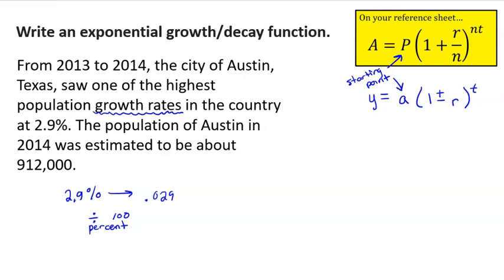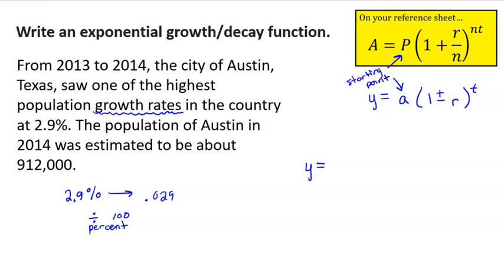Okay, and then just like how we talked about, let's go ahead and start filling this in. So I get y equals, and then whatever we're starting with. So let's say that they gave us this scenario and they said, okay, if this trend were to continue, how would we write an equation?